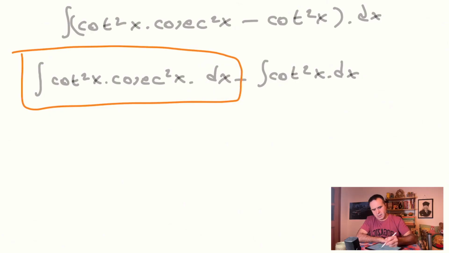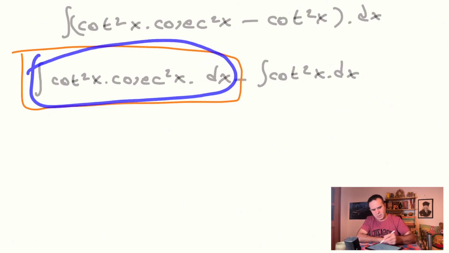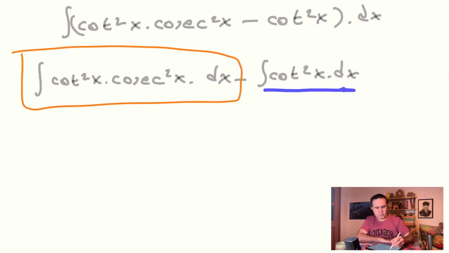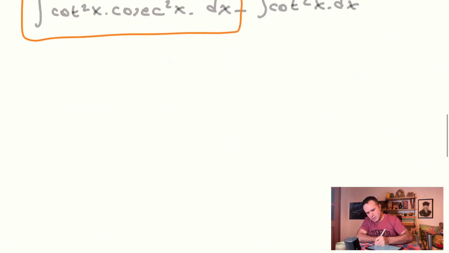First we will solve this part, and second we will solve this part. Let's say our integral is cotangent square of x times cosecant square of x dx.